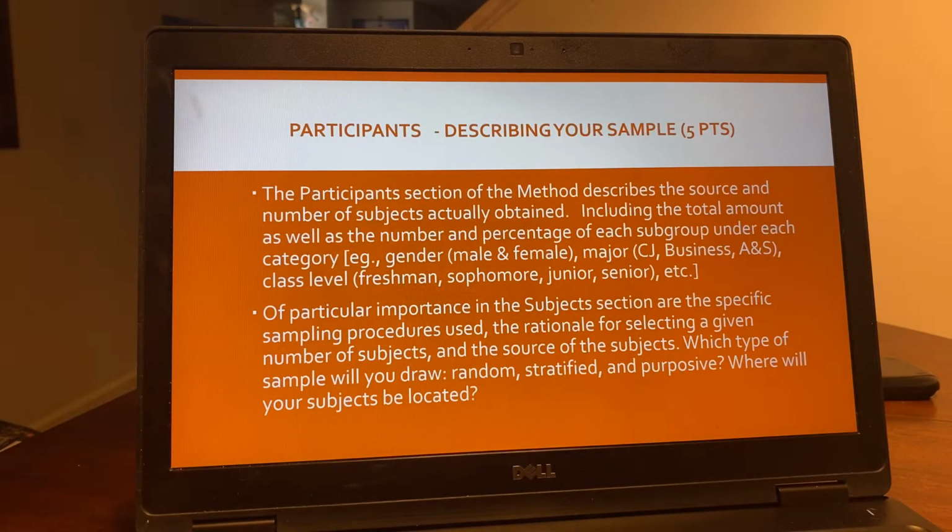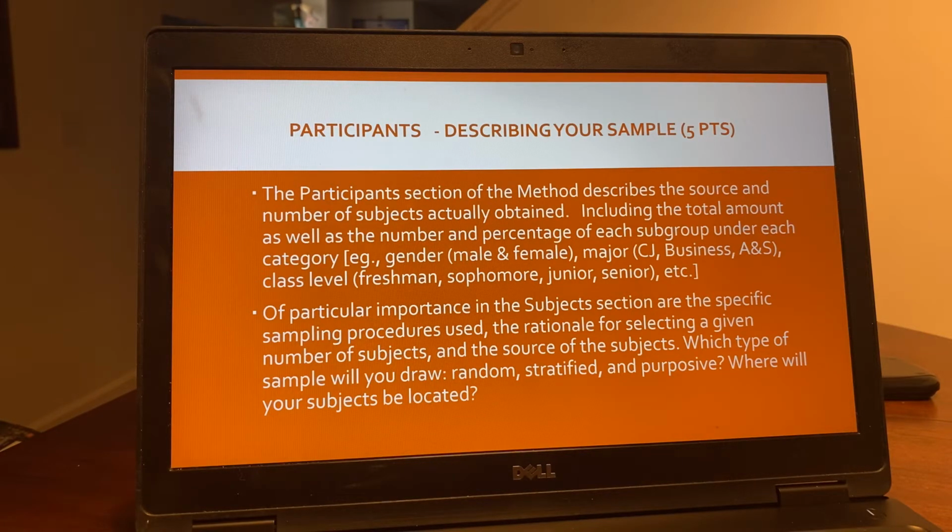For participants, you pretty much tell the reader who your participants are. As a researcher, it's important to tell the reader who your participants are, because different participants may give you different results.